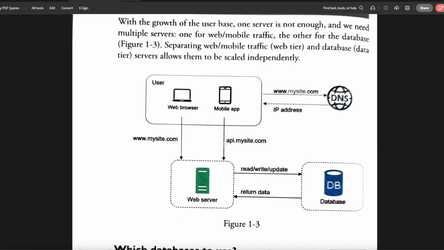The web tier is the area which handles the requests that are coming from the browsers and mobile apps. And the data tier handles the data storage using a database. Right. So this separation allows each layer to scale independently, which is a key idea in system design.